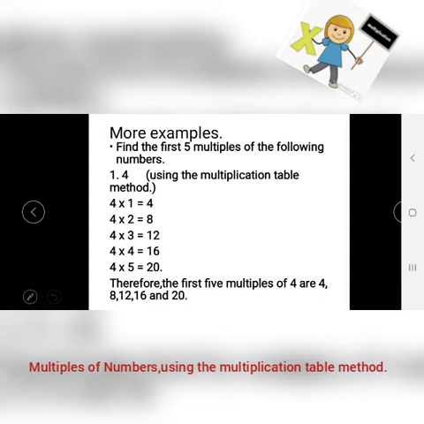Okay, let's look at this example. Find the first 5 multiples of the following numbers. I am going to use the multiplication table method. So 4 times 1, 4. 4 times 2, 8. 4 times 3, 12. 4 times 4, 16. 4 times 5, 20. Mind you, the first 5 multiples, so you have to stop at 5.